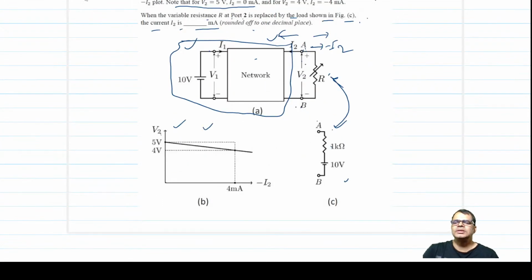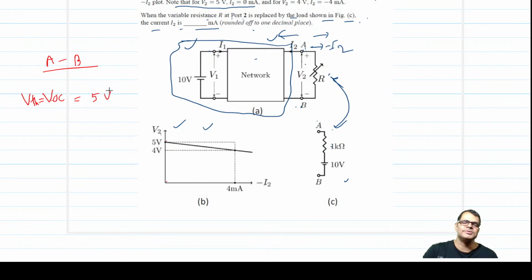So let us do it. VTH is equal to VOC. What do you mean by VOC? Open circuit voltage at port A and B. You can clearly see that when I2 is 0, V2 equals 5 volt, that is VOC is 5 volt.